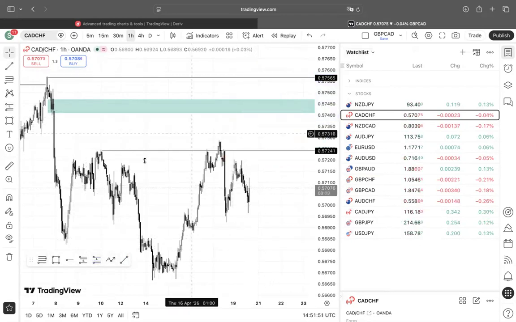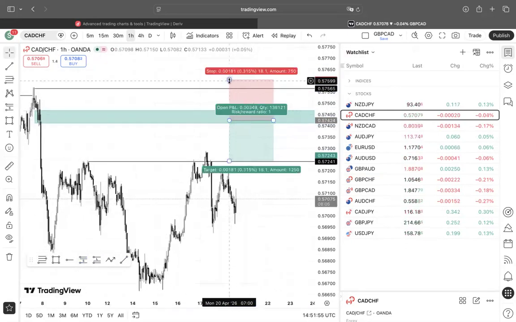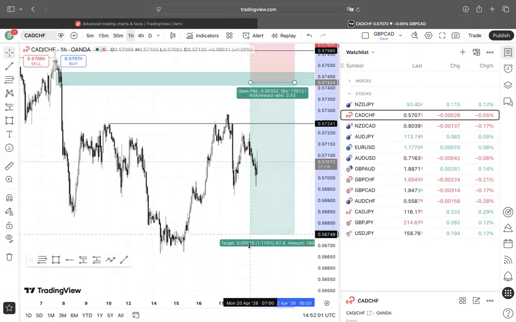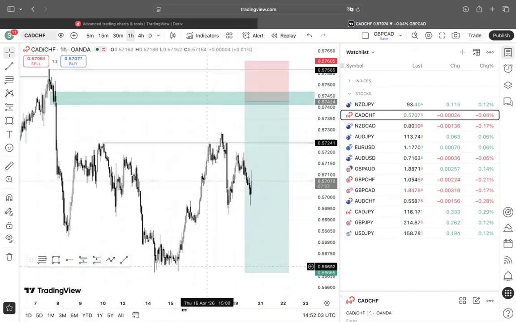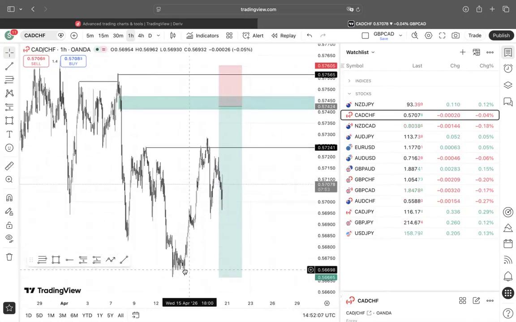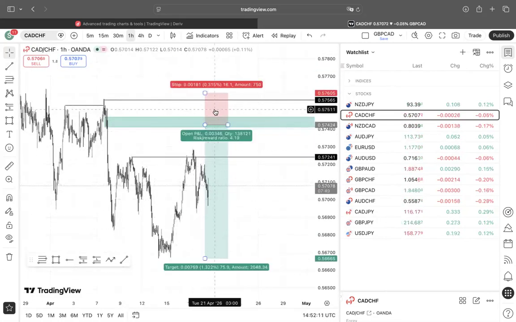We have our stop loss a few pips below A and our target at C. If you see any entry confirmation, you can enter. So this is a POI.